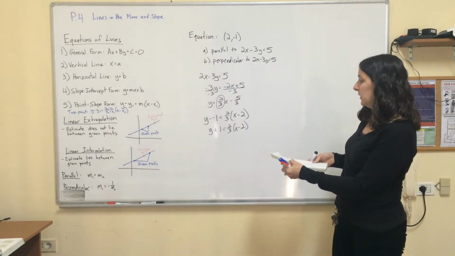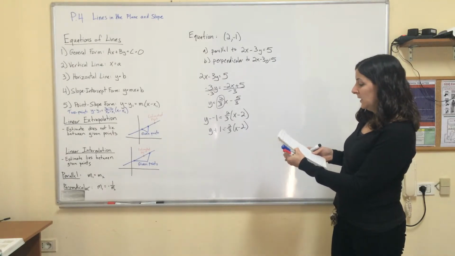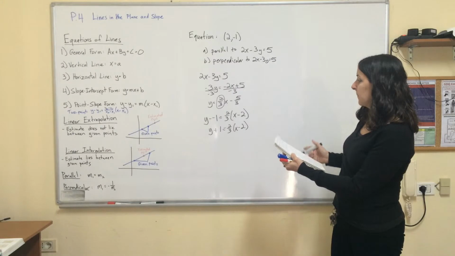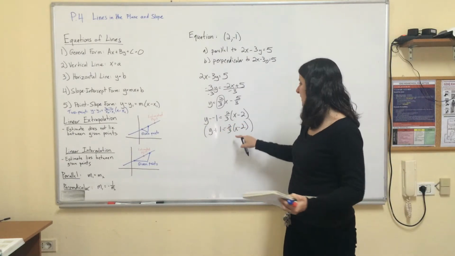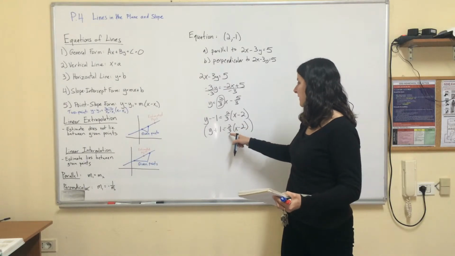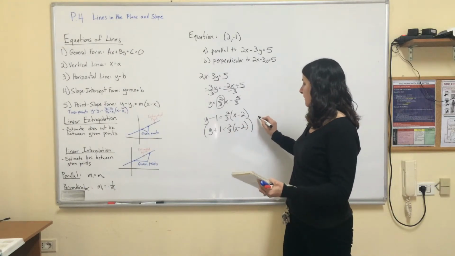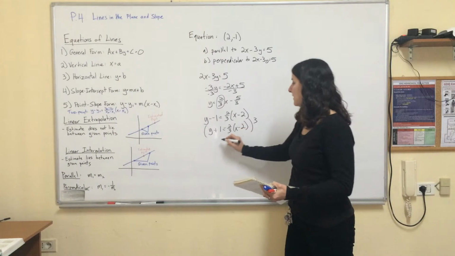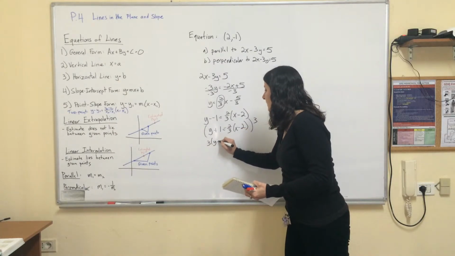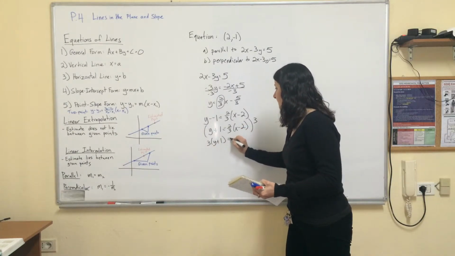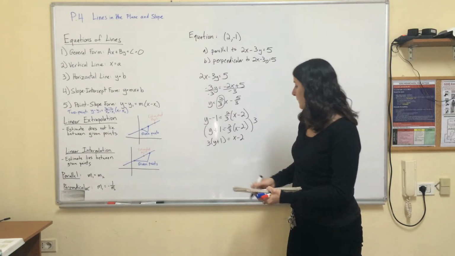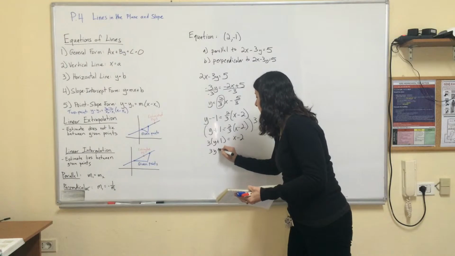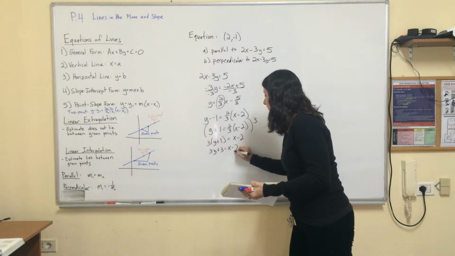If we want to figure out the general form of this equation, we would multiply to cancel. The fraction is not really helpful for us here, so I'm going to multiply by 3 to cancel the denominator and say 3 times y plus 1 equals x minus 2, and I'll multiply it out. 3y plus 3 equals x minus 2.